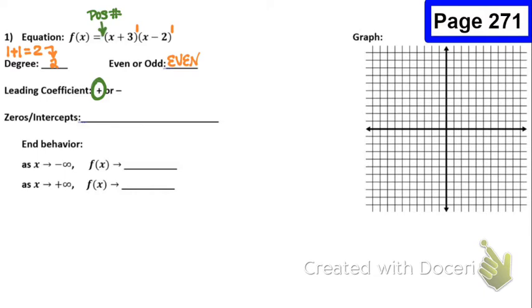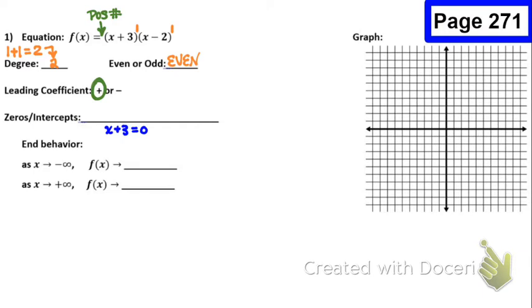I have factors to work with. How do I find the zeros if they give me the factors? Do the opposite. Factors always get set equal to 0. So I take x plus 3, I set it equal to 0. But then I want to get x equals for a 0.